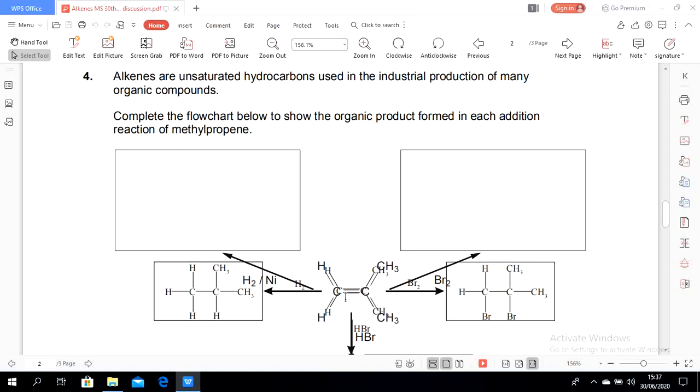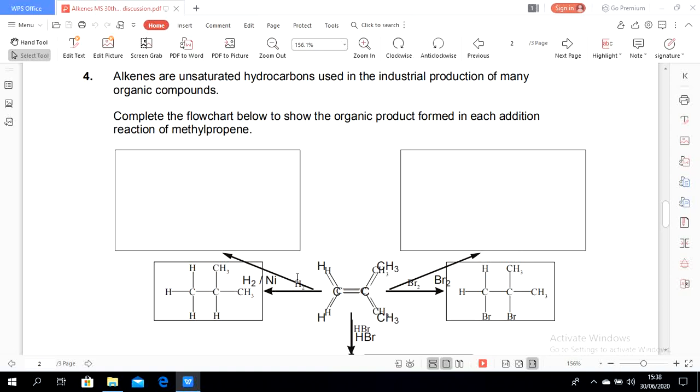What is happening in this one? The mechanism is electrophilic addition. The high electron density of the carbon-carbon double bond will repel the electrons in the bromine. That makes one bromine become an electrophile and the other bromine become a nucleophile.